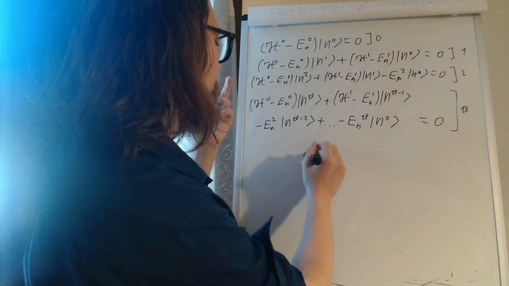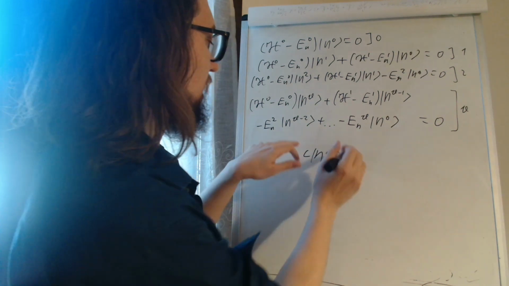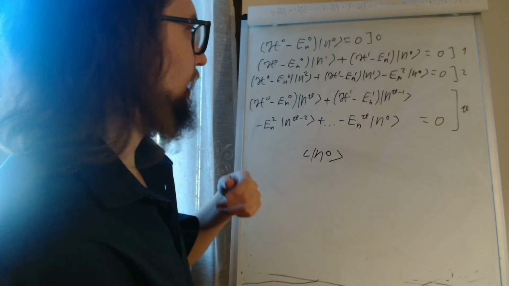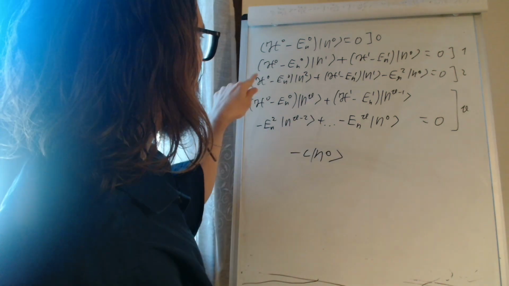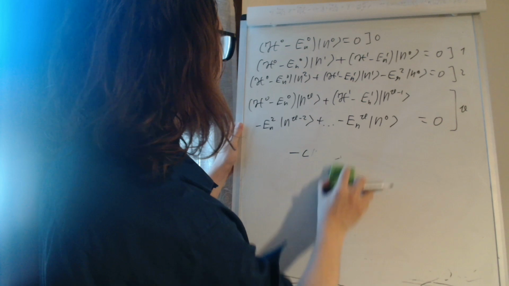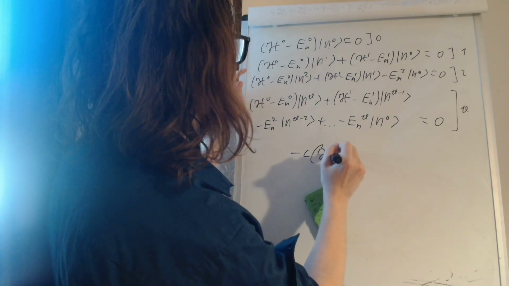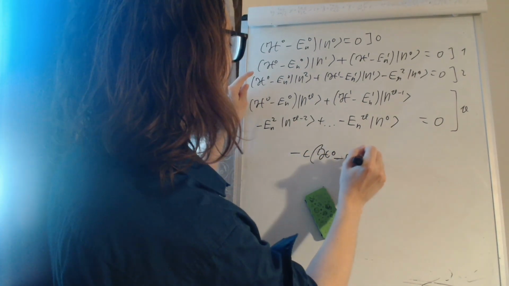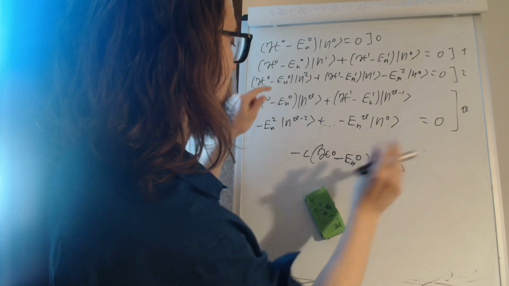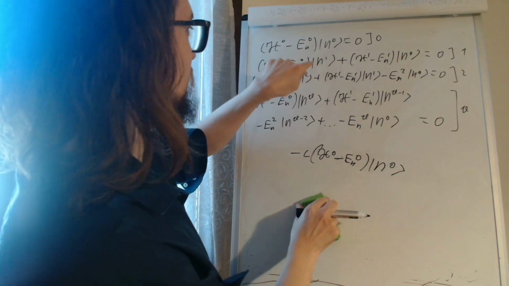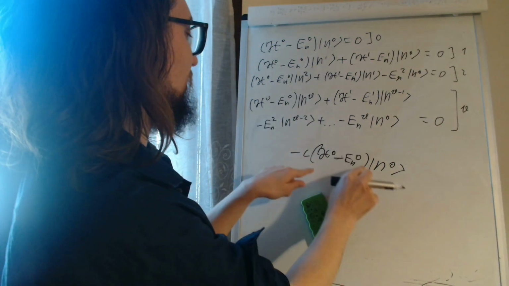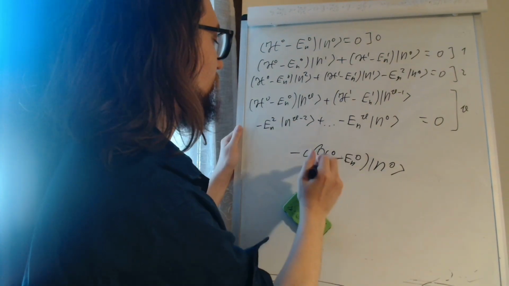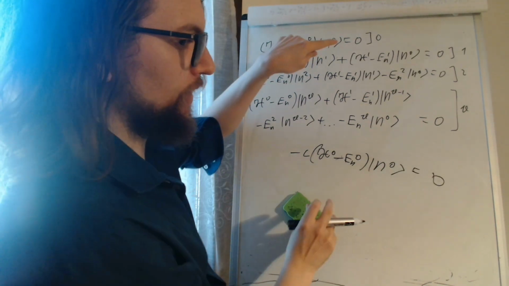The component will be, let's say, c times n0. We can remove this component, and if we remove it, we will get minus c times (h0 minus e n0) n0, right? Because it was a component of n1 and we have removed it, so we have this multiplying it, and this one is 0 because of the first equation.